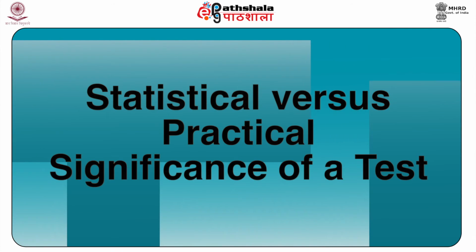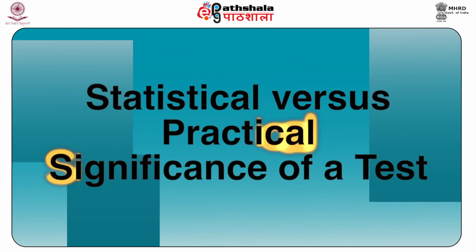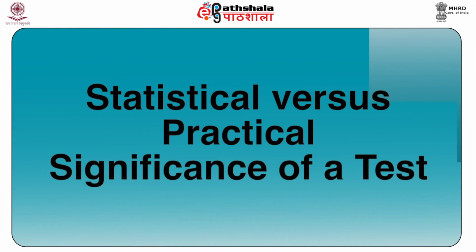Let us now talk about the statistical versus practical significance of a test. We basically say that a test is statistically significant if the sample evidence leads us to reject the null hypothesis. This will of course depend on the selected alpha level.